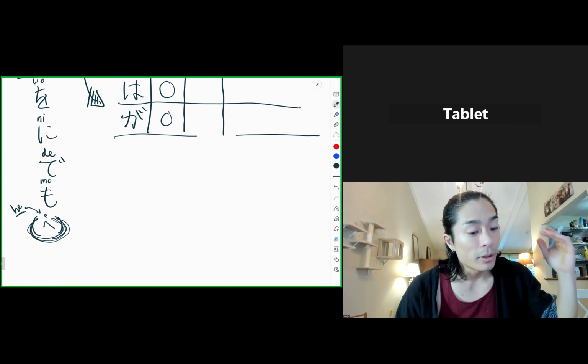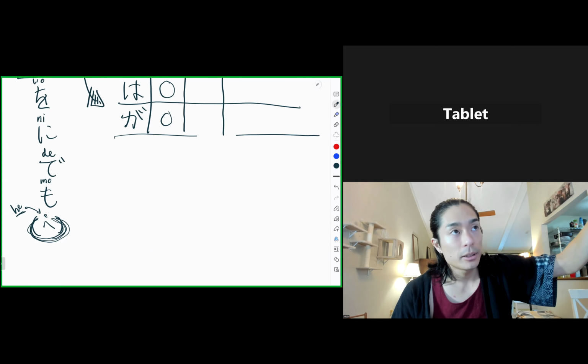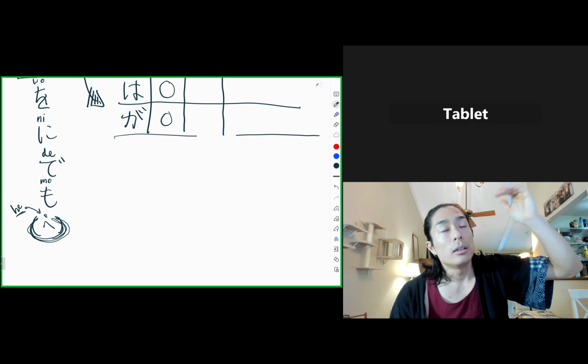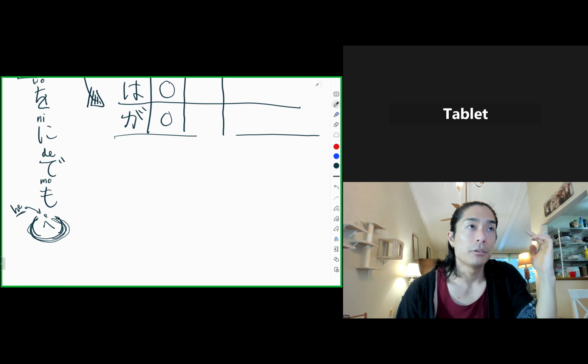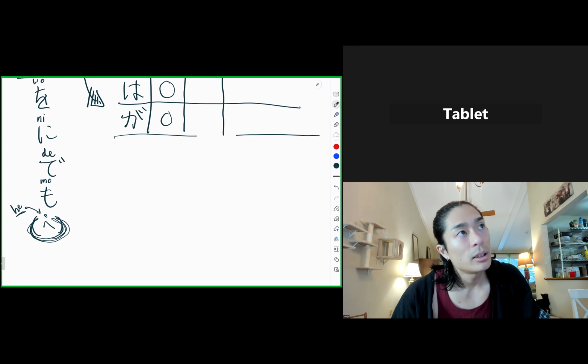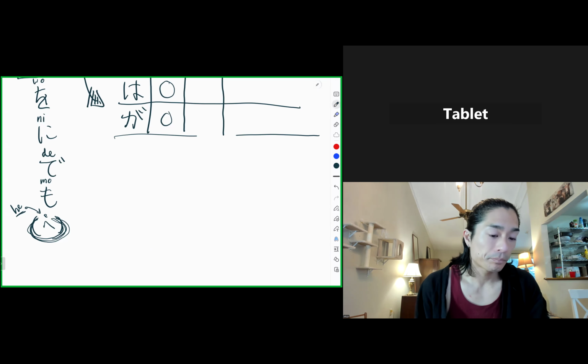So after that, it really depends on how we can analyze our own language and then translate to other languages. I think that ability will be really important.